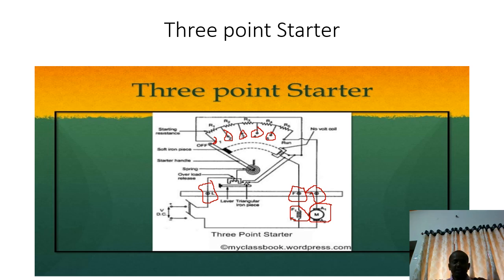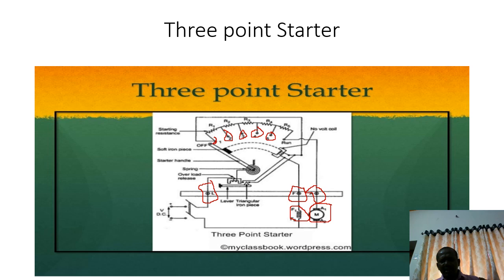Here a number of starting resistances are connected, R1, R2, R3, R4, R5. In the initial state there is very high resistance, so no high current passes through the armature winding. First of all, you can see that this is the magnet. When the handle is shifted to the last stud, the electromagnet is energized and will attract the iron piece of the handle.